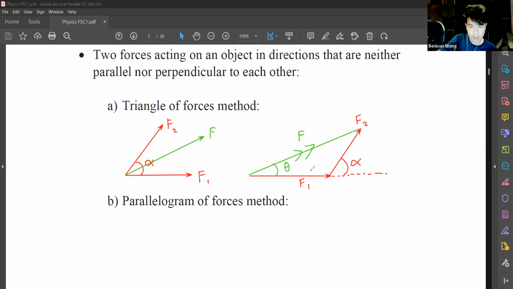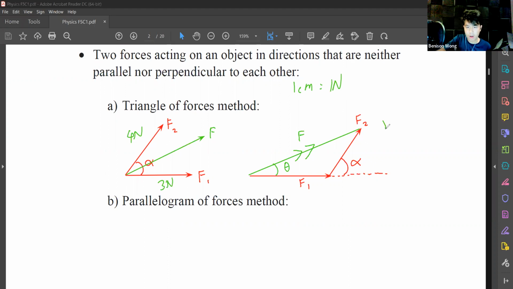So what we are going to do is, let's say the force over here is 3 Newton. Over here is 4 Newton. What you're going to do is draw a scale, let's say 1 cm is 1 Newton.